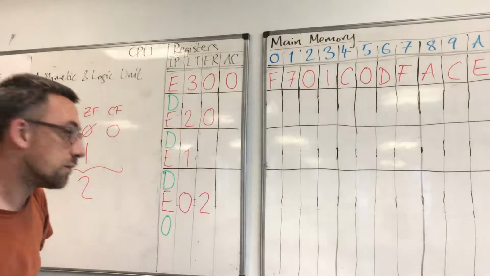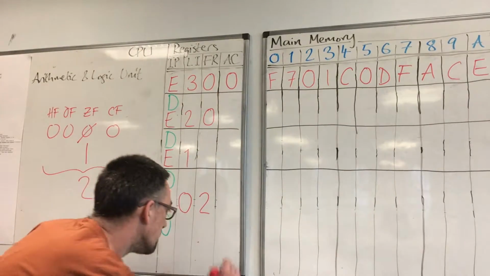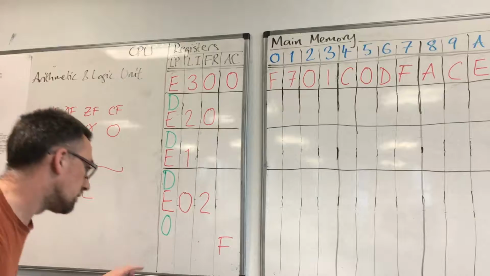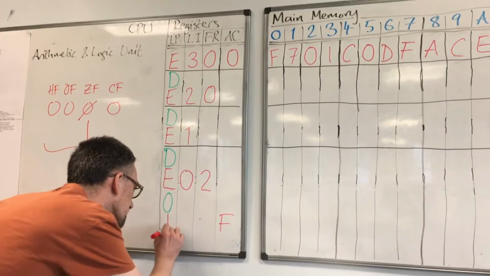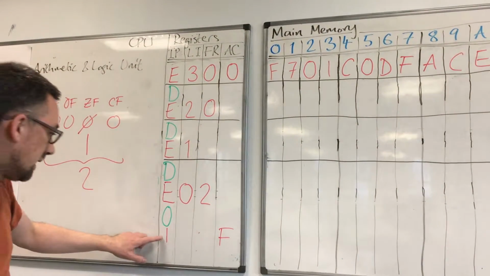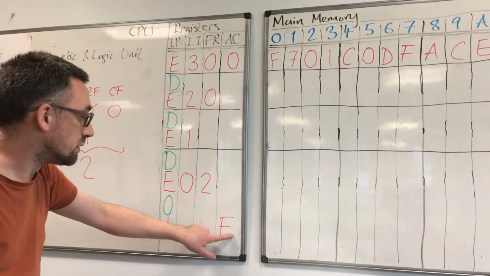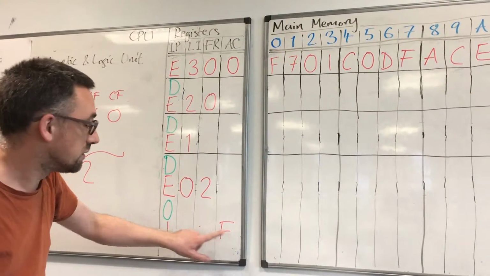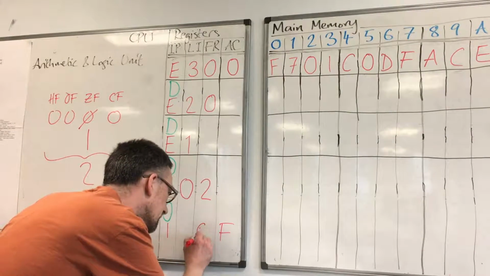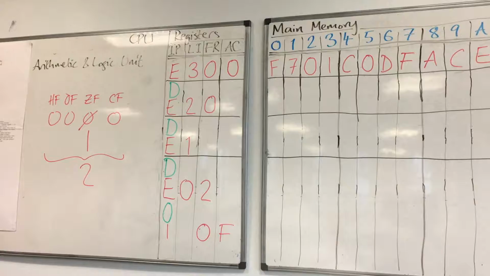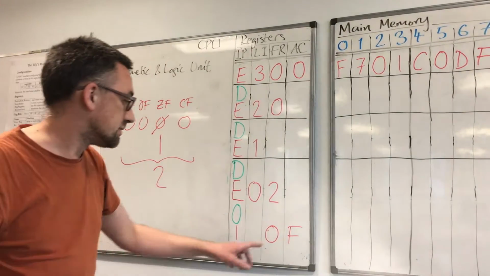And we're going then to flip 0, which will give us F, and the instruction pointer will move on to 1. And then we should note that F is not 0, so the 0 flag will be cleared back to 0. And we're ready for the next instruction.